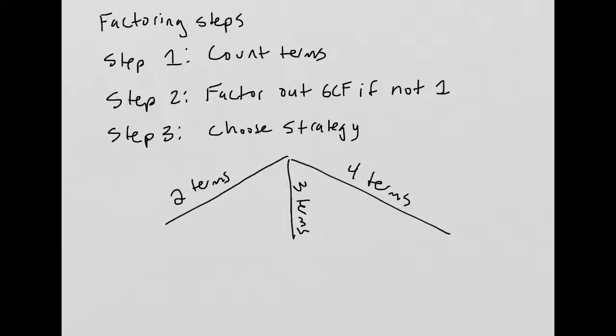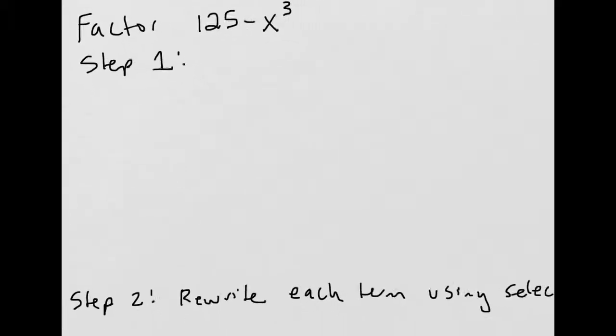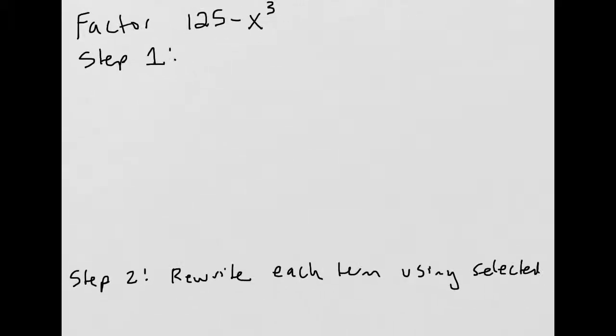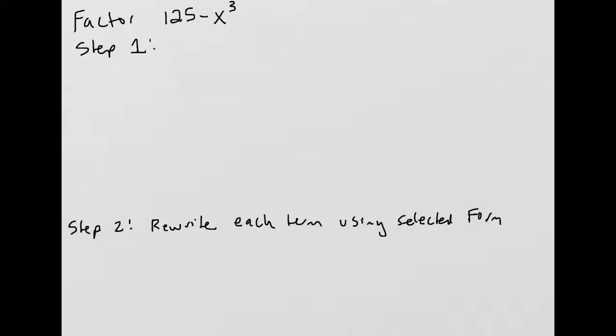So step 3, we want to choose our factoring strategy based on the number of terms that we have. In this case, we've got 2 terms, so we're going to be using a factoring strategy that goes along with two-term expressions. The first step in that strategy is we need to choose an appropriate form for what we have.